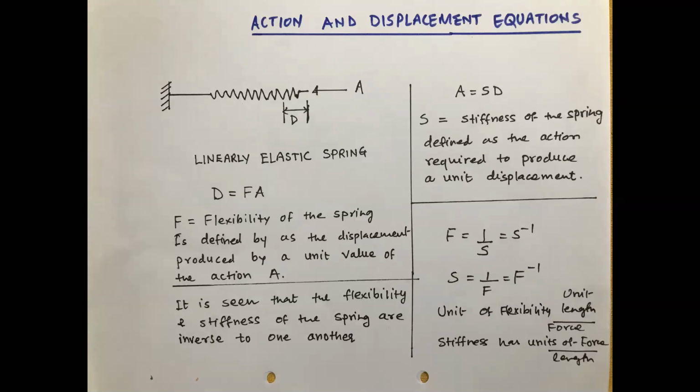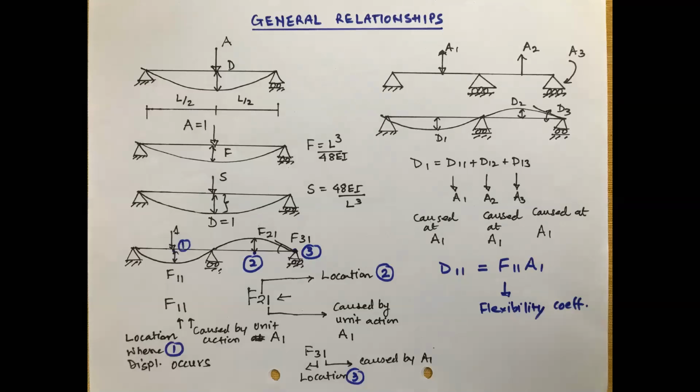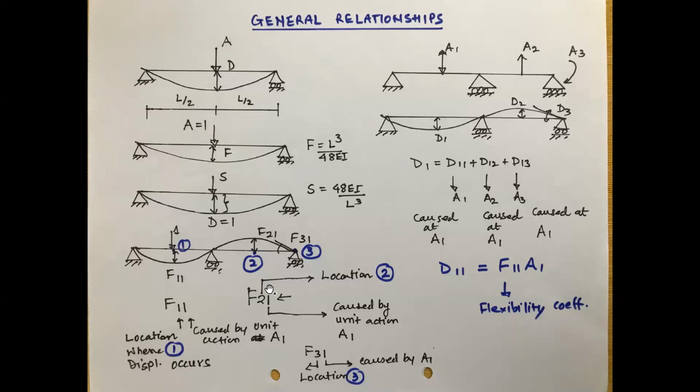We had also generalized the concept by extending the flexibility and stiffness matrix, which is applied to the spring, to the generalized problem, that is of course the beam, that we are interested in.